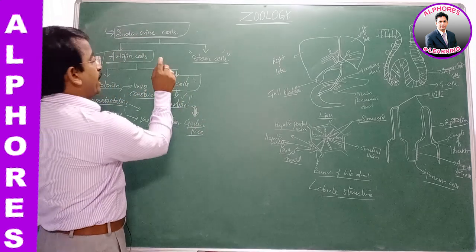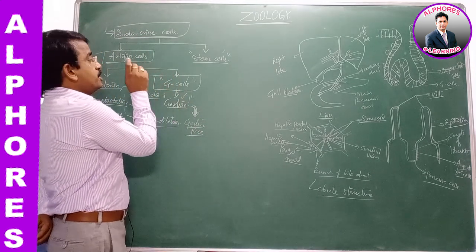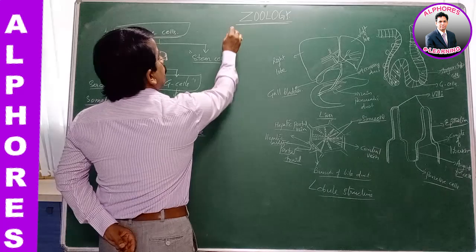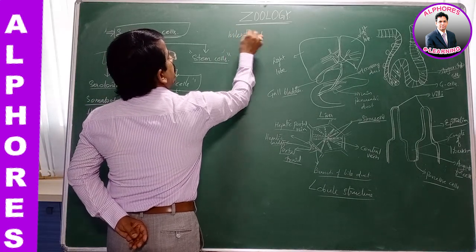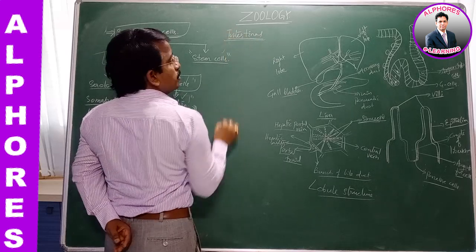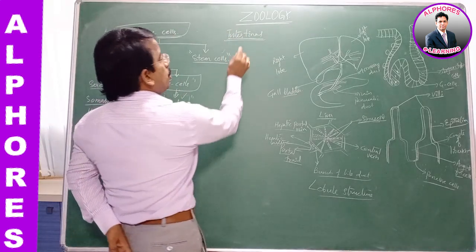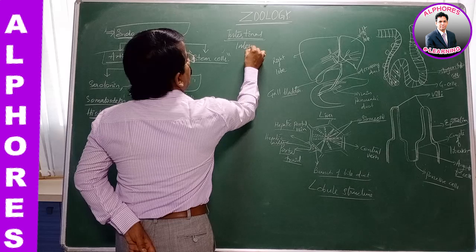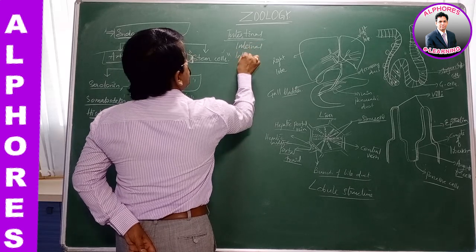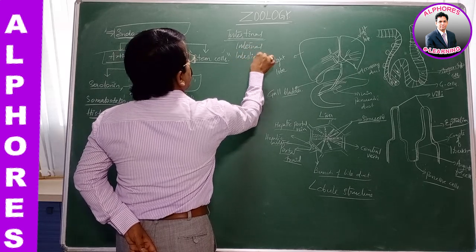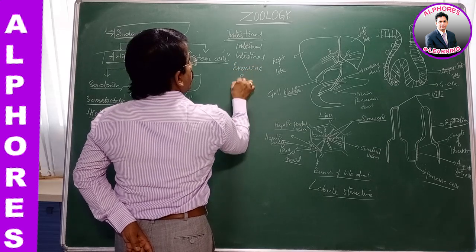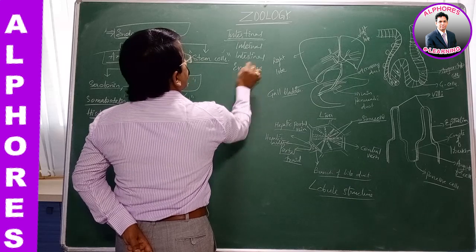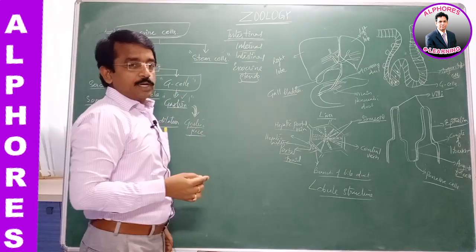So in the case of the intestine where intestinal glands are present, same like the gastric glands, these are internal intestinal exocrine glands, internal inside.